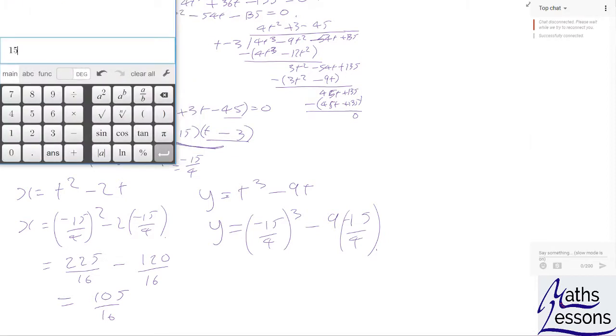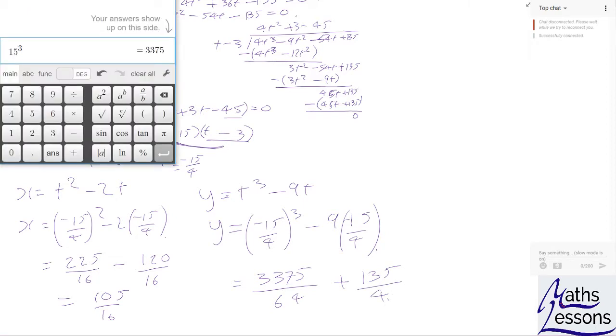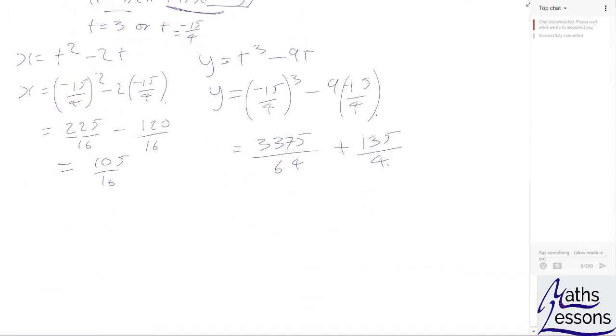So 15 to the power of 3 is 3375. 3375 over 64 minus 9 times minus 15 over 4, it's plus 135 over 4. I'm just going to cheat and use a calculator. So 3375 divided by 64, plus 135 divided by 4. That gives me 86 point something or other.